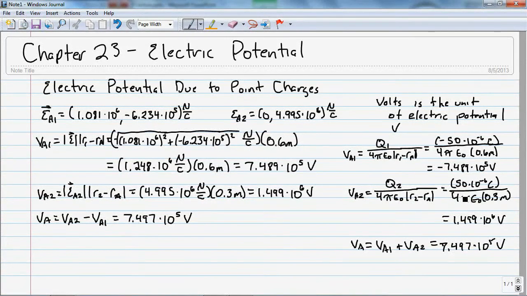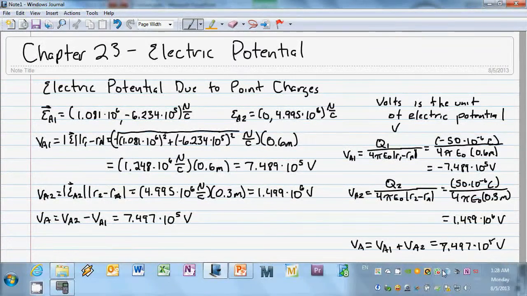So we've done point A. We can also look at point B. I'm going to let you look at the notes to see how that's done. But you'll notice that at point B there is no potential because it's symmetric.